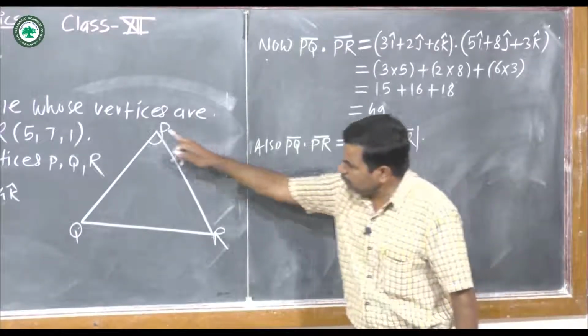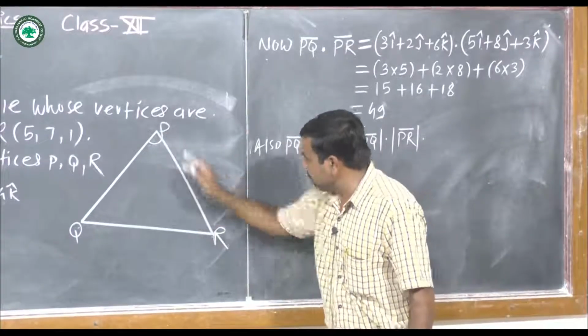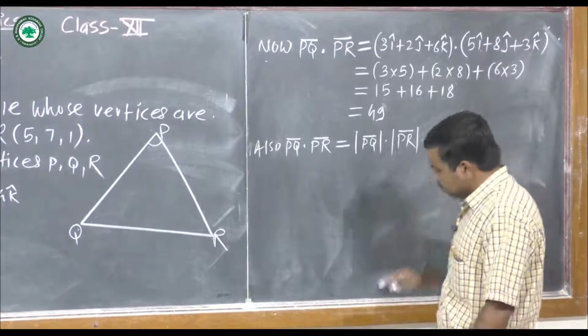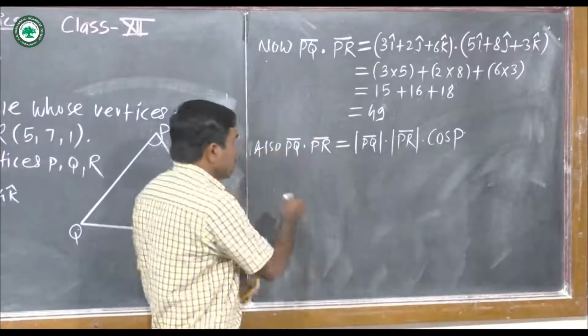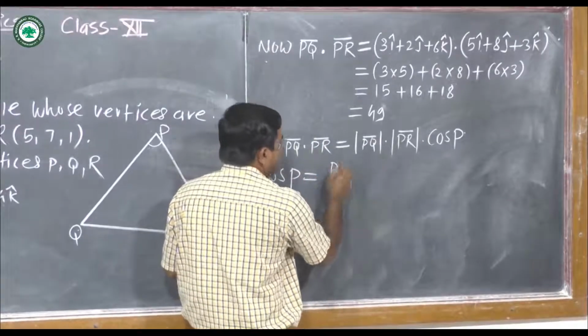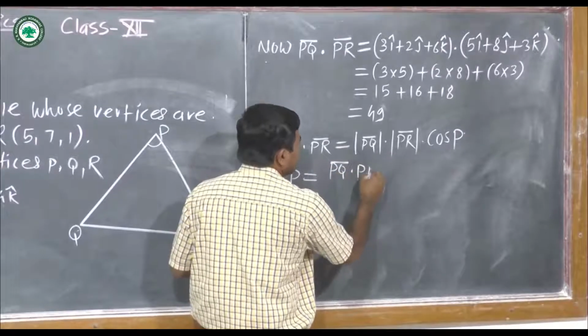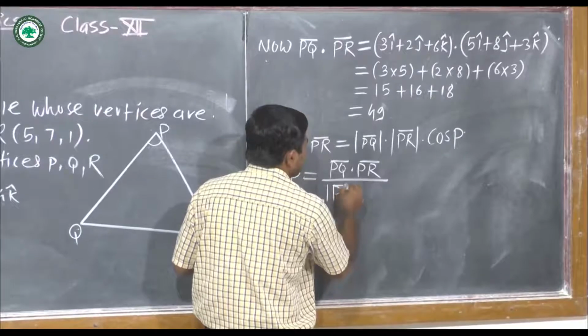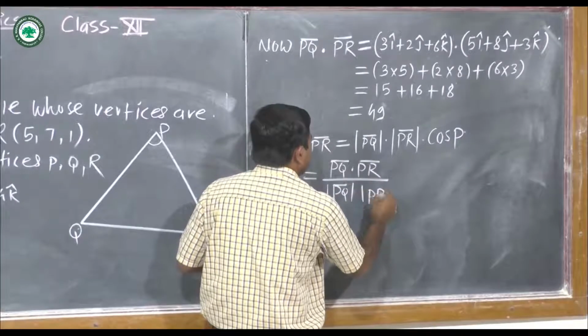The angle between PQ bar and PR bar is P, so it is cos of P. So from this, cos of P is equal to PQ bar dot PR bar divided by magnitude of PQ bar into magnitude of PR bar.